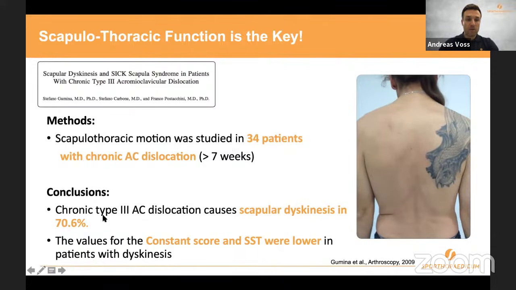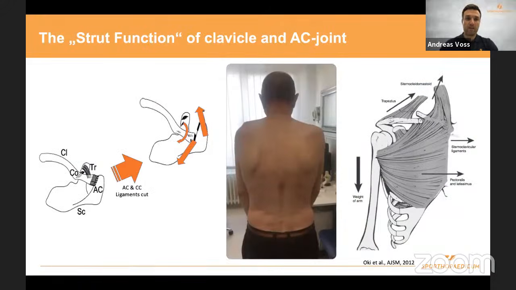And they saw that chronic type 3 AC joint dislocation causes scapular dyskinesis in over 70%. And also the values for the Constant score and the Simple Shoulder Test were lower in patients with dyskinesia. So this is always a point to look at the posterior part of the shoulder girdle and not only be fixed to the AC joint in the front.